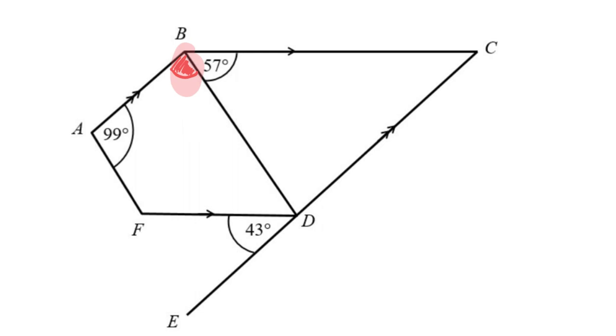And what do we have? Okay, so let's see how we can proceed to solve for this red color angle ABD. Well, they give me two parallel lines. So if I focus on this, then I realize this angle and this angle are equal to each other, because they are what we call corresponding angles.